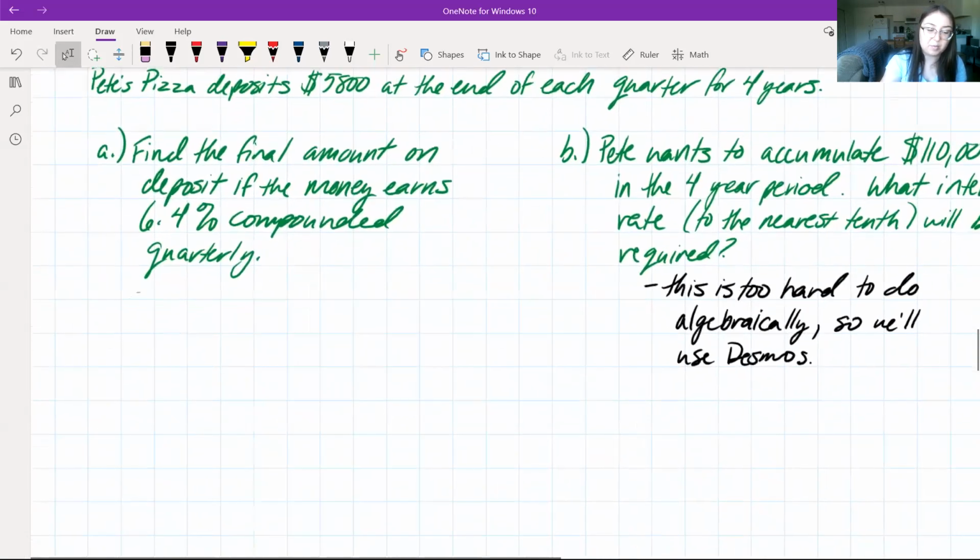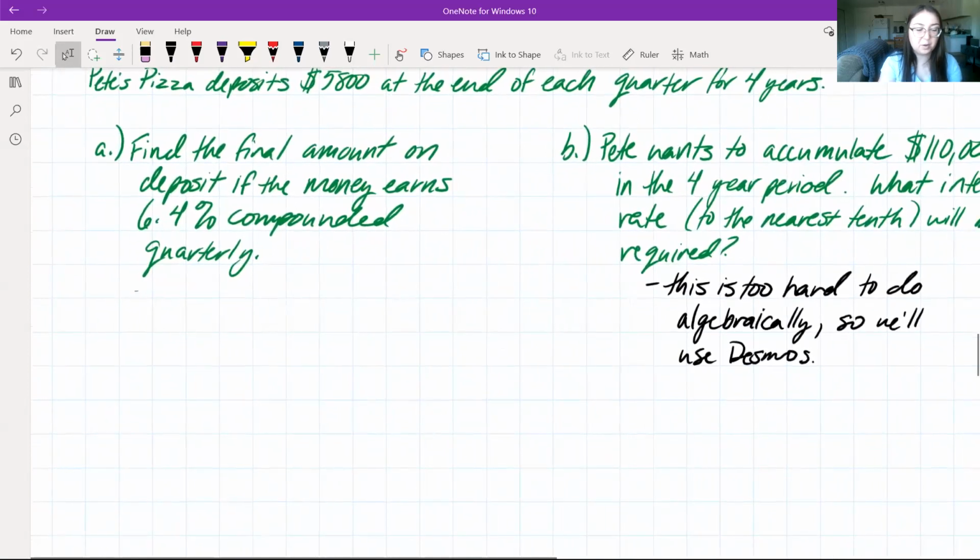All right, so for part A, all we want to do is find the final amount on the deposit if the money earns 6.4% compounded quarterly. So we just want to use the same equation as we used before. So let's label all of our variables. So we know that R is going to be 5,800.